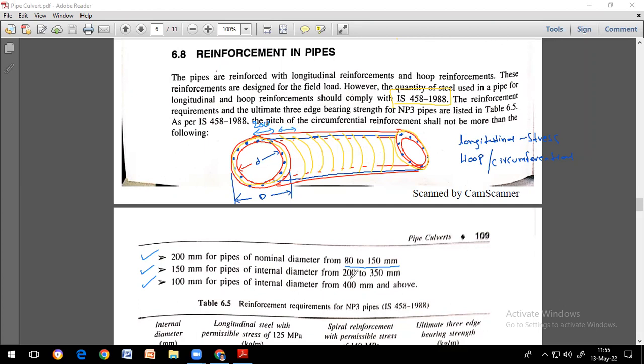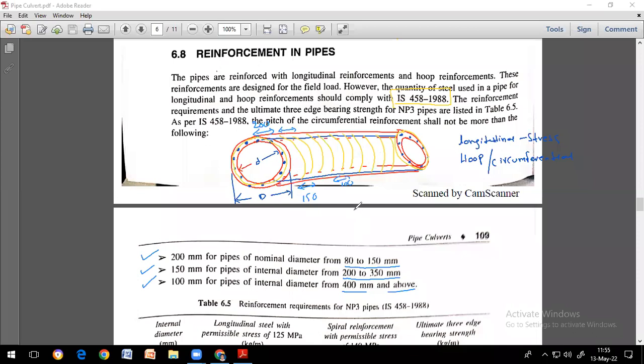Okay, if the pipes are of diameter 200 to 350 mm, provide spacing of each stirrup, each ring, I can call it, as 150 mm. If the pipes have a larger dia of 400 mm and above, try to provide spacing of 100 mm. Okay, so like this the spacings are going to be provided.